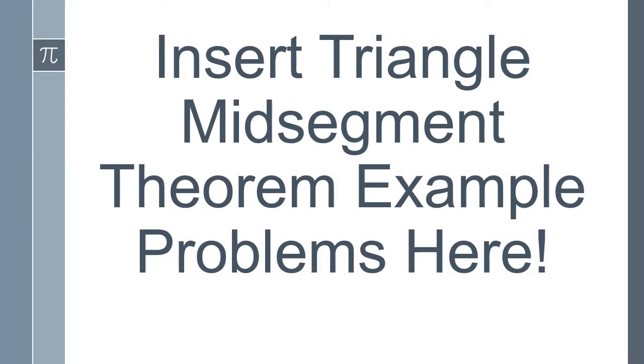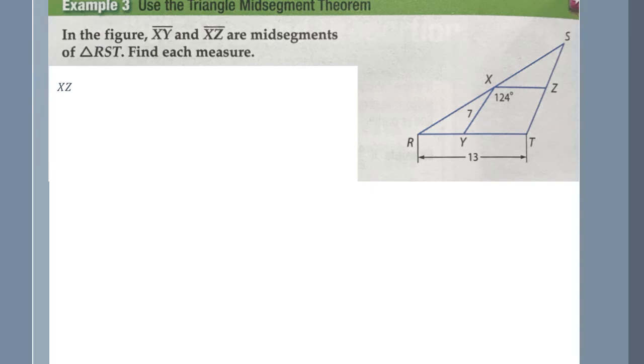Let's do some example problems. So in this figure, segment XY and segment XZ are midsegments of the triangle RST. Find each measure. So XZ, well, if XZ is the midsegment, and this whole length here is 13, then again, this is going to be 1/2 of that.